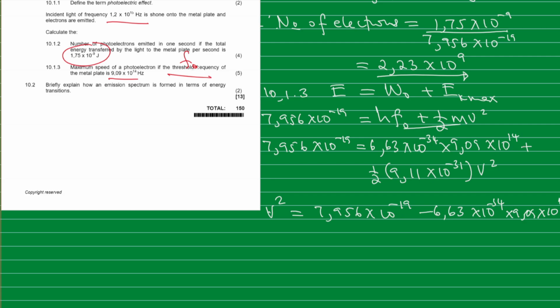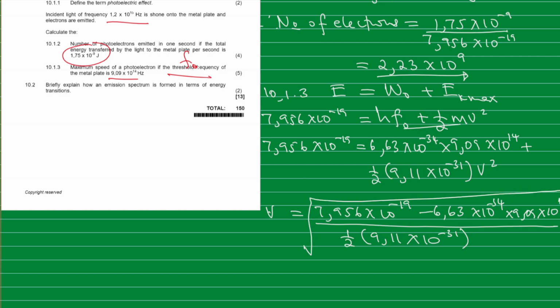And all that I will divide by this value here, which is a half into 9.11 times 10 to the power negative 31. That will give me v squared, so I'll put in the square root because it's v. Let's find the square root of all that, then punch it into the calculator.